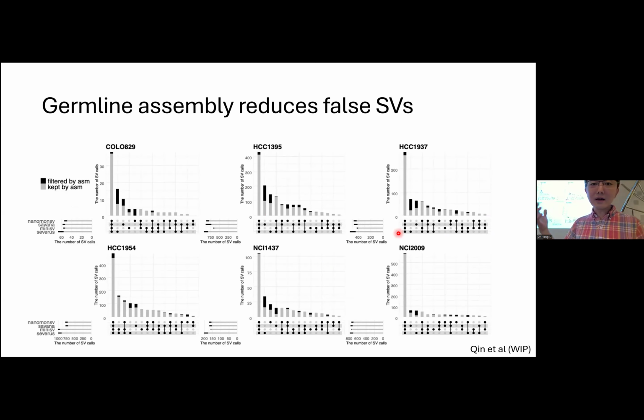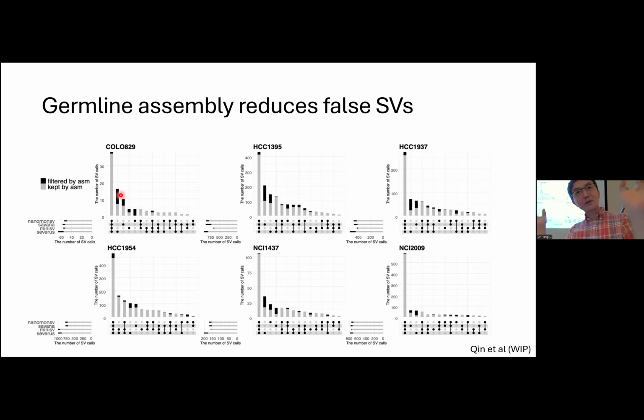And for this, we are effectively aligning the long reads against the assembly of the normal sample, not the tumor sample. This is not a mixed assembly, but back to the normal sample. And then we can see, for example, here the black parts. If you map, the variant caller will tell you, for example, a somatic variant, and the caller will tell you how many reads are supporting this variant.